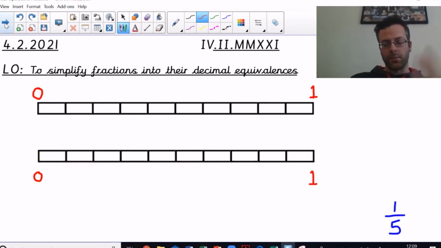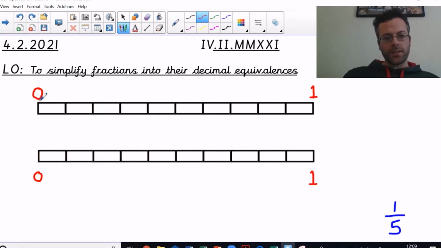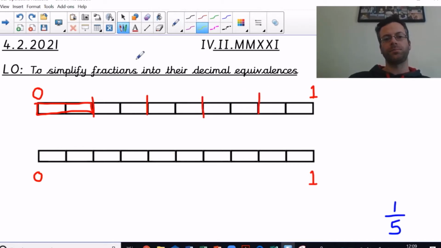Let's look at another one. I am going to put all of these on the screen. Okay, let's say that I'm going to split this one into 5 equal parts, okay? Now, currently it's split into 10, but if I do each one of those, it's 2. We have 1, 2, 3, 4, 5 equal parts.